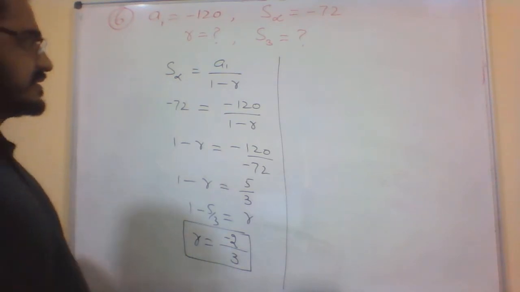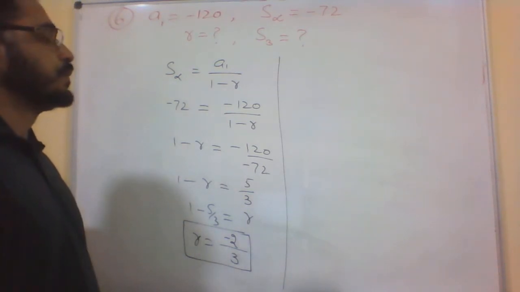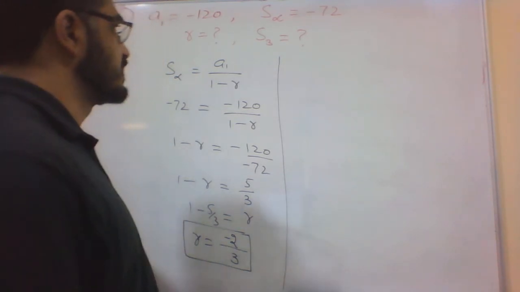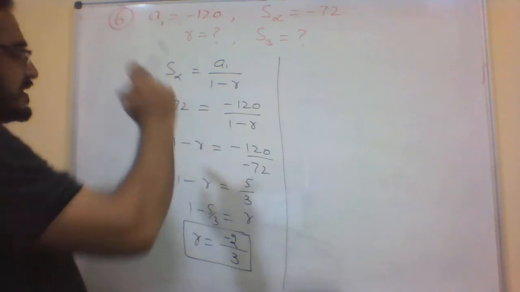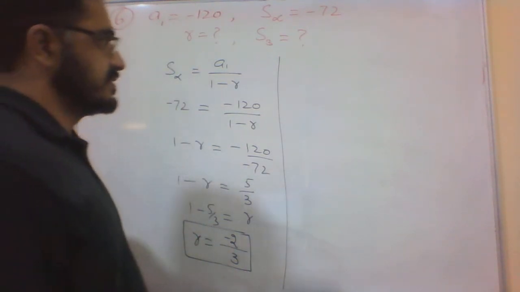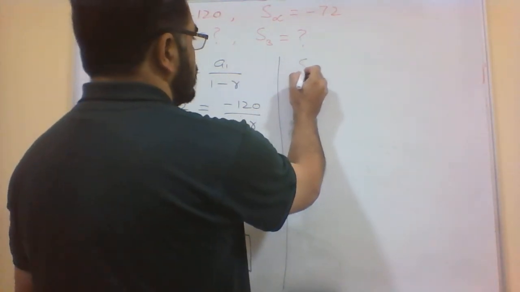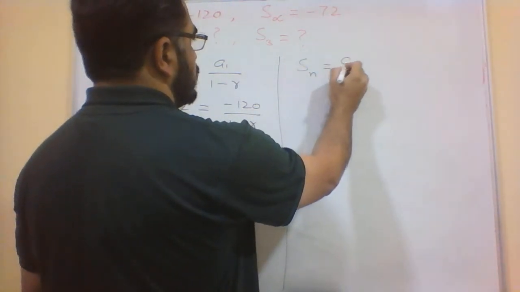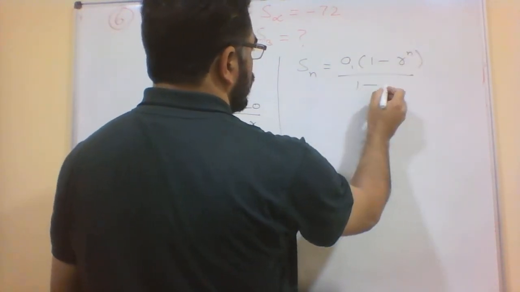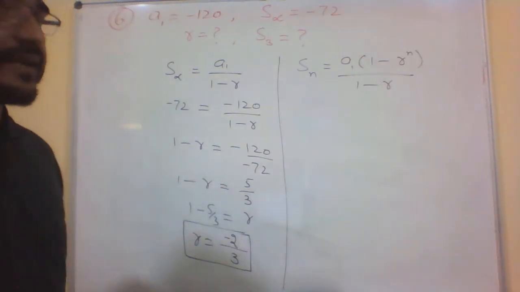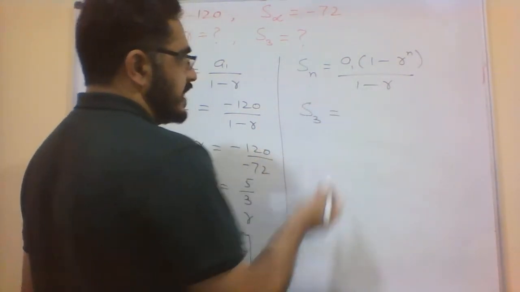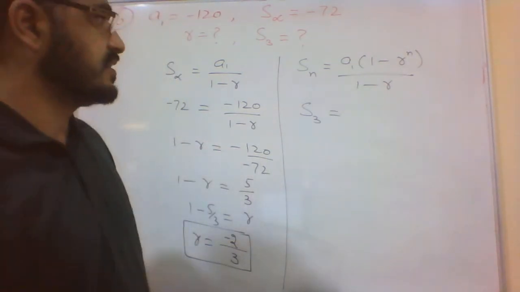Now the other is S3, the sum of the first three terms. As the common ratio is less than 1, we are using the formula Sn is equal to a1 into 1 minus r raised to the power n, over 1 minus r. Sum of three terms means at the place of n we substitute 3.